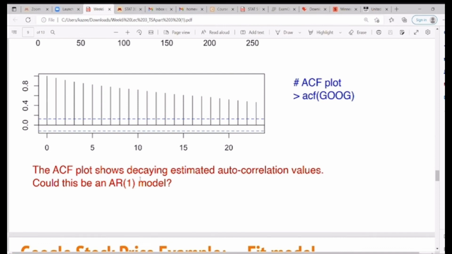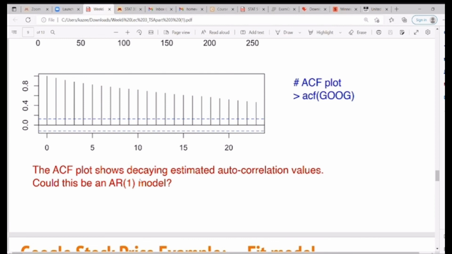You get what I mean? The fact that we are suspecting AR1 does not really mean it's going to be AR1. After fitting our AR1, we still need to do what we call model diagnostics. We're going to diagnose that and investigate whether it is truly AR1.